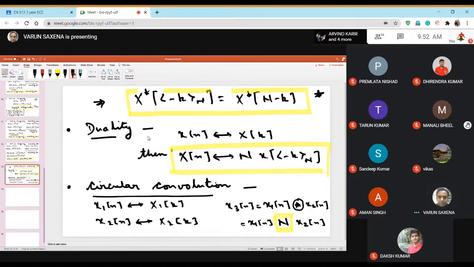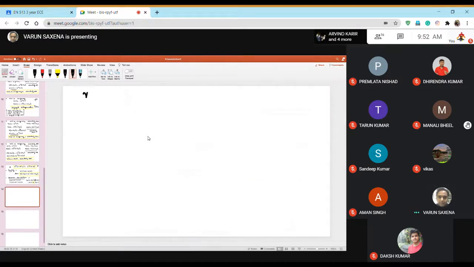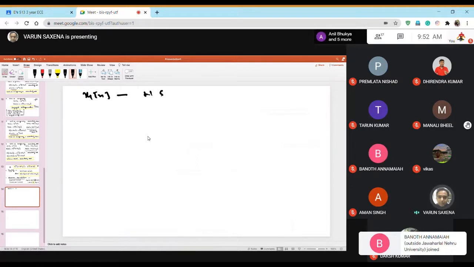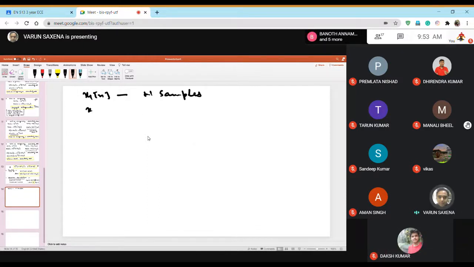And you must remember that x1n is of n samples. x2n would also be of n samples.